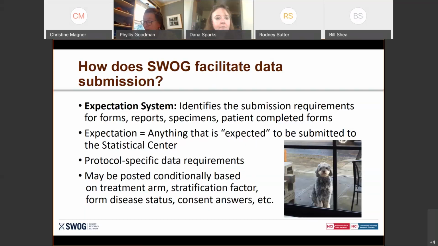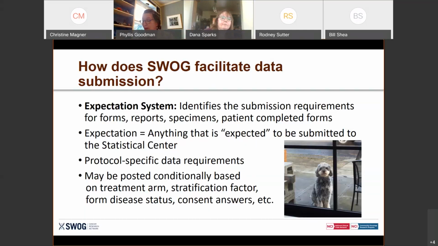So an expectation is anything that's expected to be submitted to the Stat Center and reflects the protocol-specific data and specimen requirements. These expectations can be posted conditionally, for example, based on the arm to which the patient was registered, or a stratification status, or the disease status, or answers to consent questions.